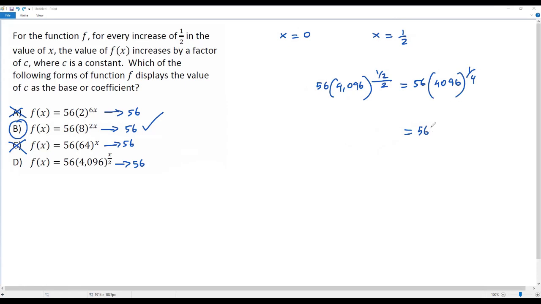When I evaluate this, I'm getting 8. 8 times 56 is, sorry, my bad, 448. Now to get the factor by which f(x) increases, we divide 448 by f(0), that is 56. Again, I get the same factor 8, but we don't find this 8 either as a base or coefficient. Therefore, we can reject answer choice D. The correct answer choice for this question is B.